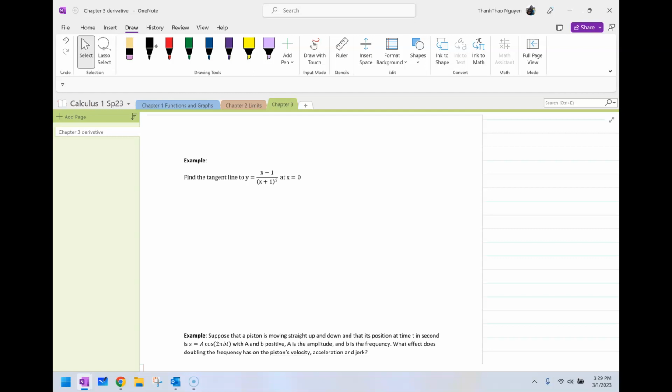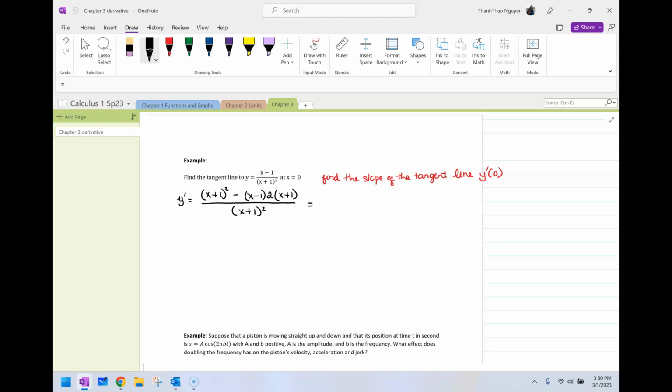So first, our goal is to find the slope of the tangent line, y prime at 0. So y prime, simplify this.